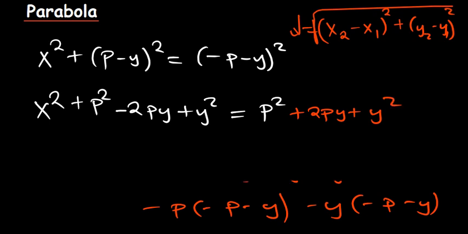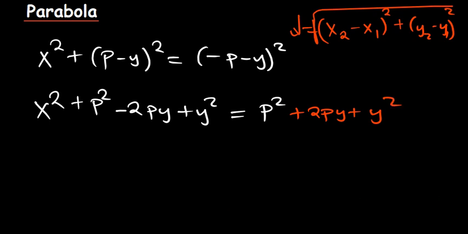Okay, we can now collect the like terms at this point. So what do we have? The p squared terms are of the same sign, so they can subtract. Equally the y squared terms are of the same sign, so they can equally subtract.